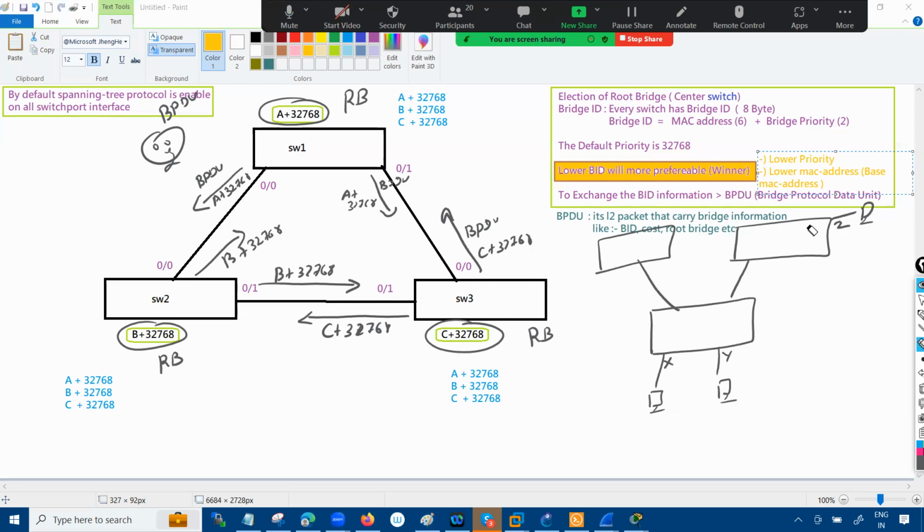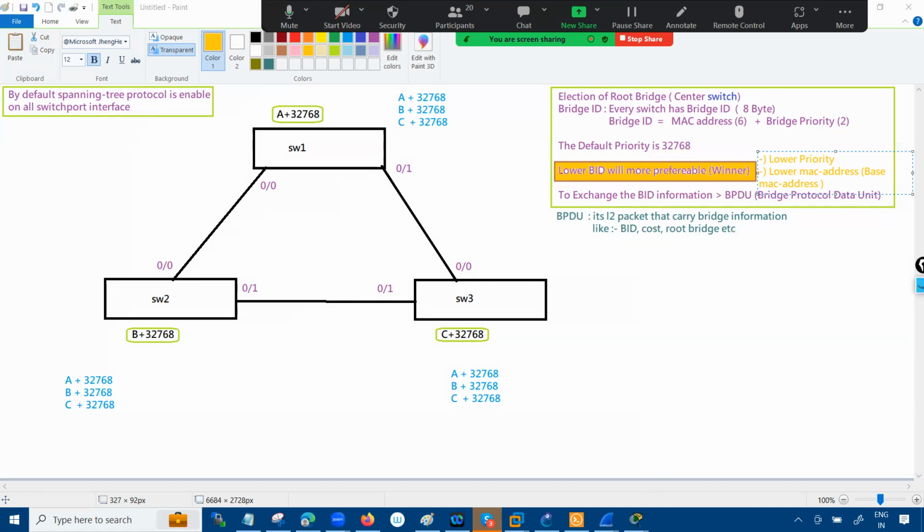How does the switch identify itself? This is my identifier. So normally, apart from the interface, each switch has a base MAC address. That base MAC address I can call A, B, and C. Interface MAC address is a different thing. Base MAC address is a different thing.